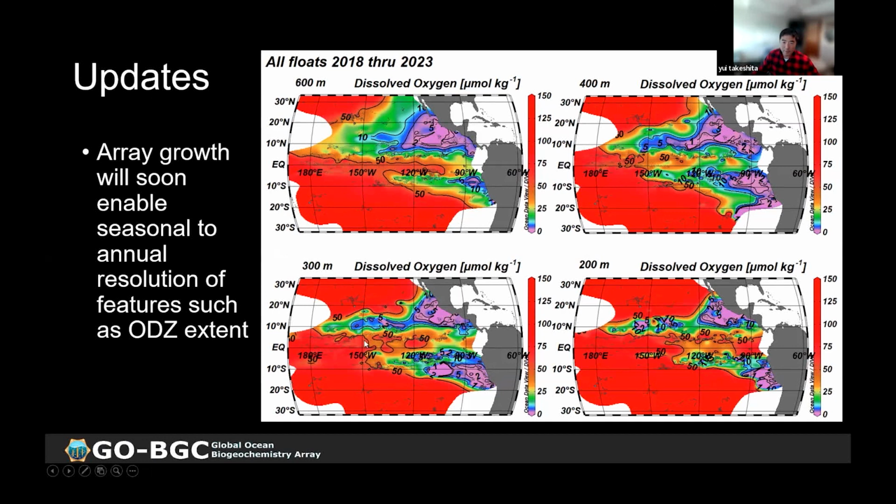You can see that these floats are able to map out the distribution of the ODZ in the Eastern Pacific. This is an annual snapshot, but soon the array size would be big enough to constrain seasonal to annual resolution of the ODZ features. So if you're interested in looking at ODZ dynamics, this is an area that you might think about using float data.